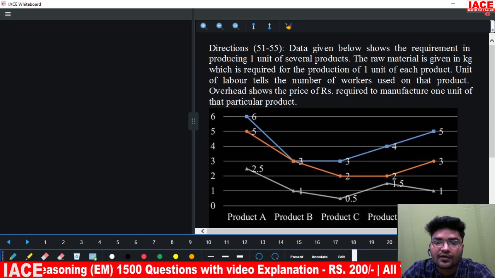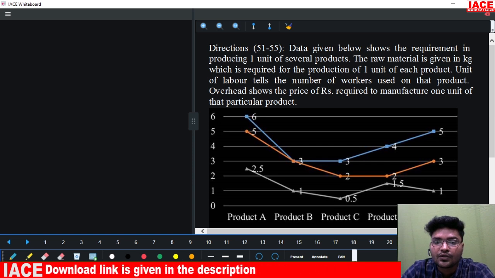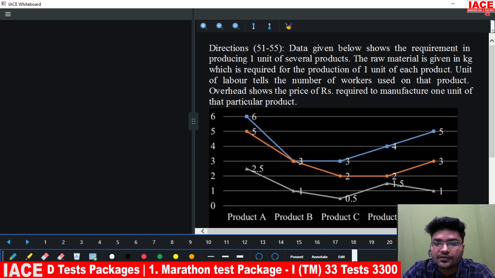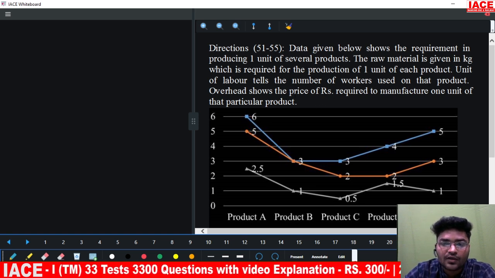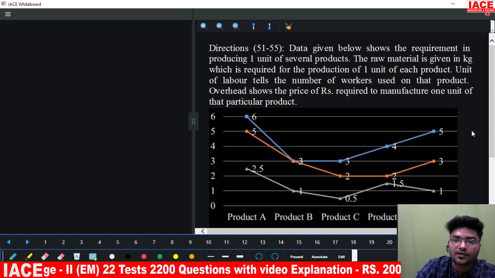The raw material given in kg. Raw material, that is our blue line. This is given in kg. And unit of labor tells the number of workers. So this yellow orange line, this is telling us how many workers are there. Next. Overhead shows the price of rupees required to manufacture 1 unit of the particular product.